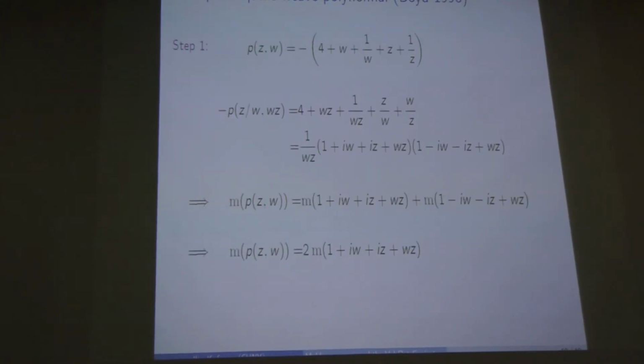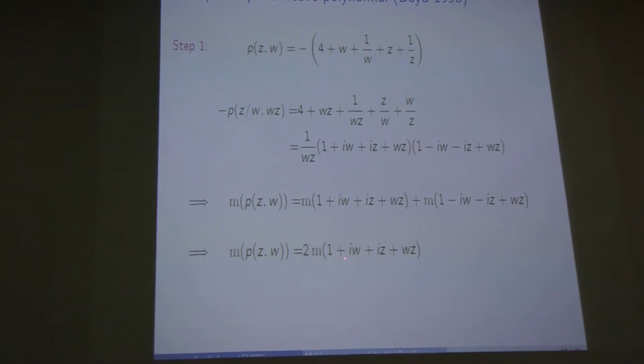Okay, so let me show you Boyd's computation for the example that we care about, the square weave polynomial. Step 1 is to start with this two-variable polynomial and factor it in a clever way. So this is the clever factorization. The logarithmic Mahler measure is additive on these polynomials.